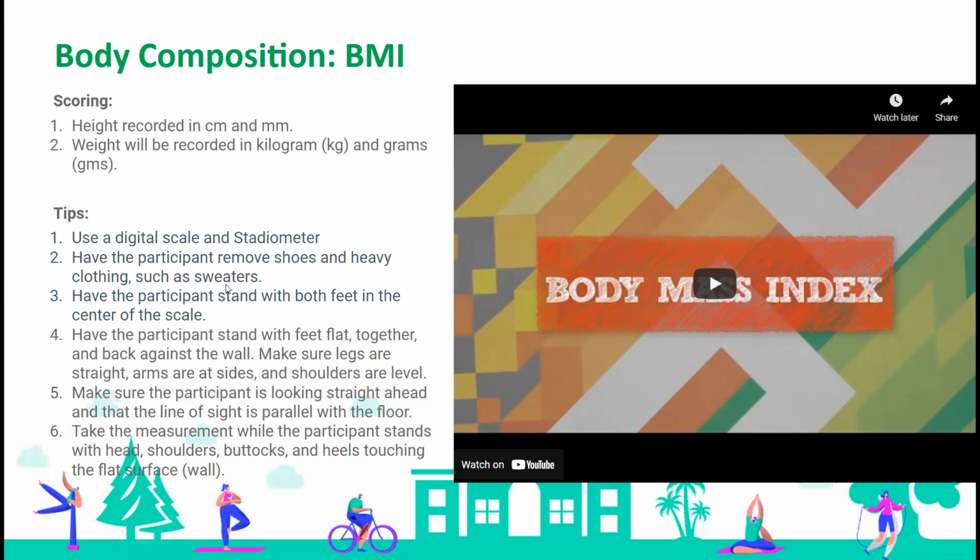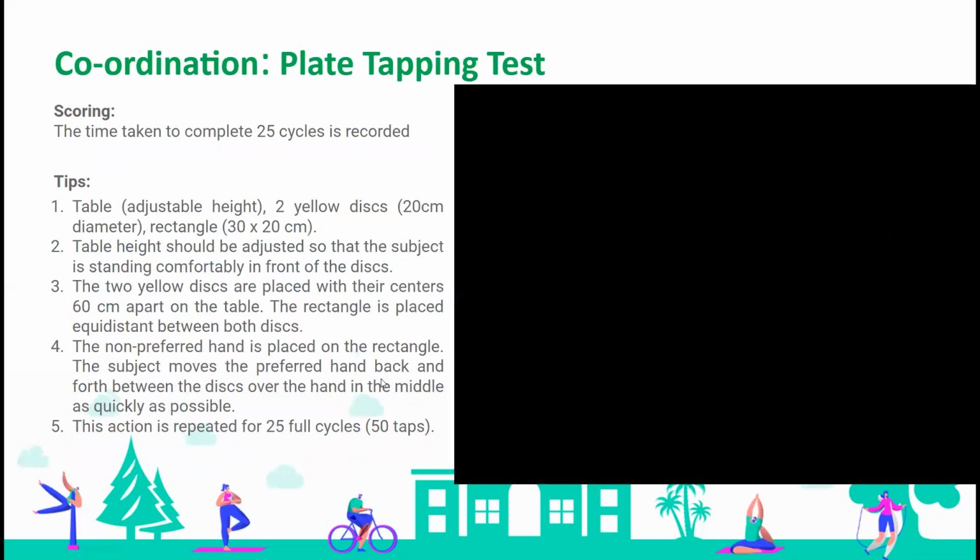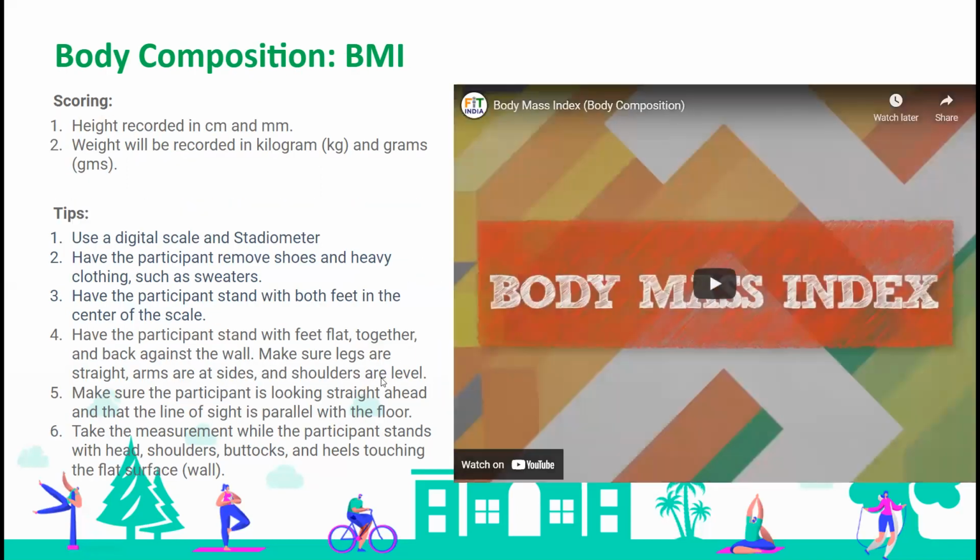And here you also ask the participants to remove everything, any heavy ornaments that they may be having, or sweater, or if they have shoes, they should remove the shoes, and they should be standing straight with both the feet apart. And the participant should be looking straight. That's very important so that you get the proper height. Yeah. So we learned about how to do the BMI.